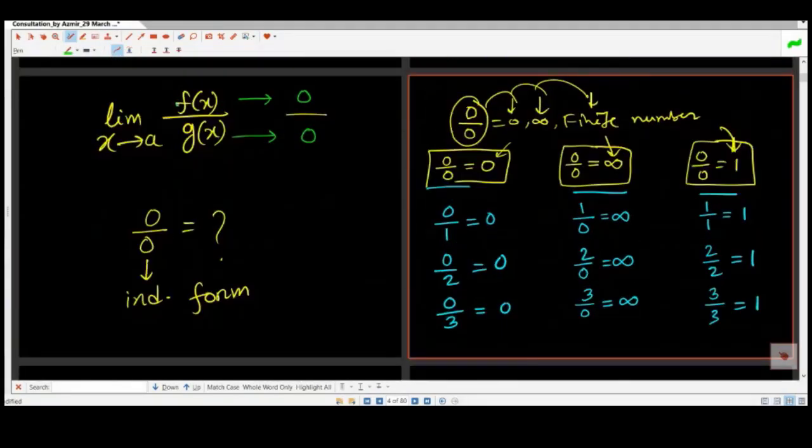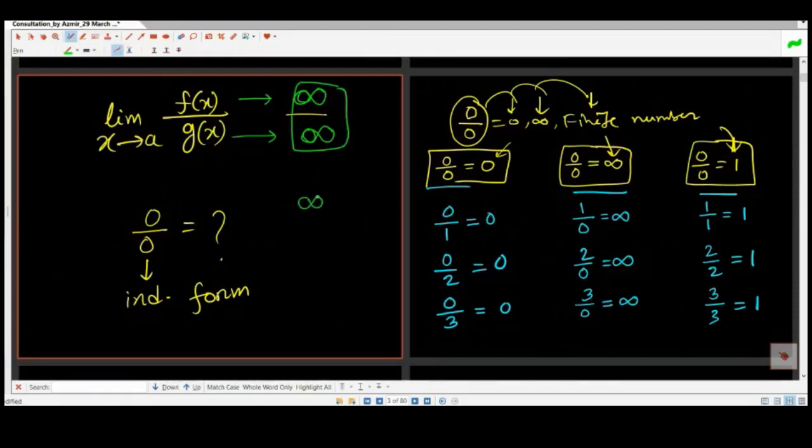Similarly, if we have the same limit and the limit of f of x approaches infinity, and the limit of g of x approaches infinity when x approaches a, we can see that there is another form here, infinity over infinity. We can't say what is the exact value of infinity over infinity.